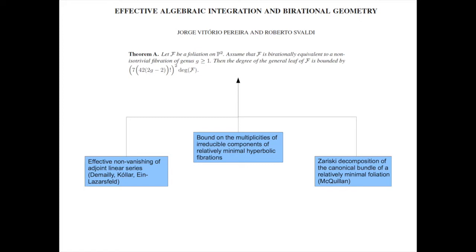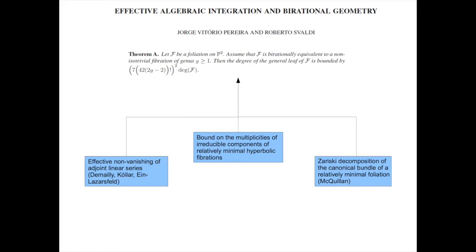And the work that we have to do by ourselves, in the case of this genus G fibration, is to bound the multiplicity of components, and we put all this together and we were able to prove this kind of result. So this technique is very close to birational geometry, and also to something that people in Diophantine approximation do a lot, right? Produce polynomials vanishing with that.